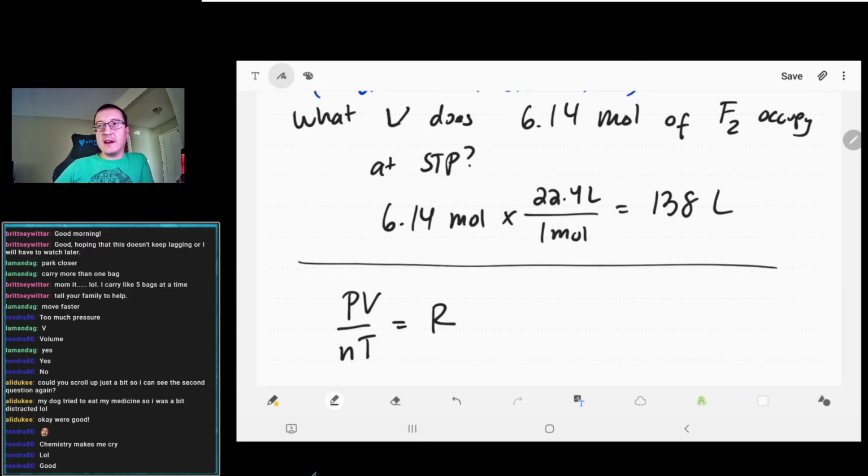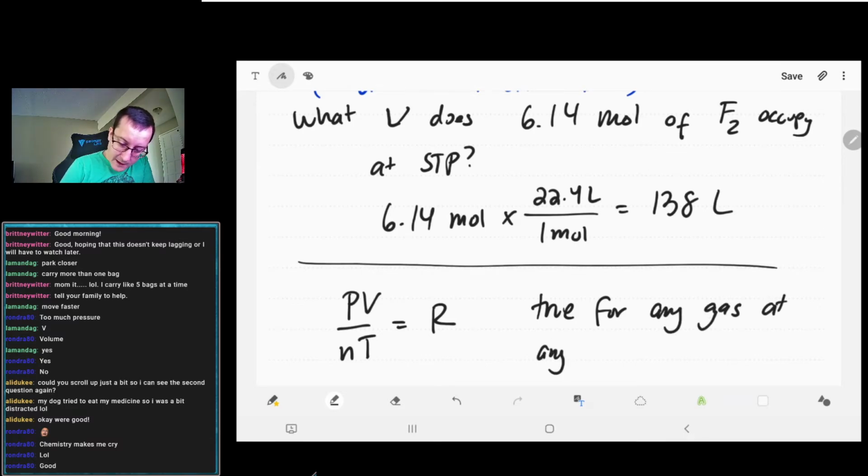So let's take a look at this. This is true for any gas at any conditions. So let's just call them condition 1.